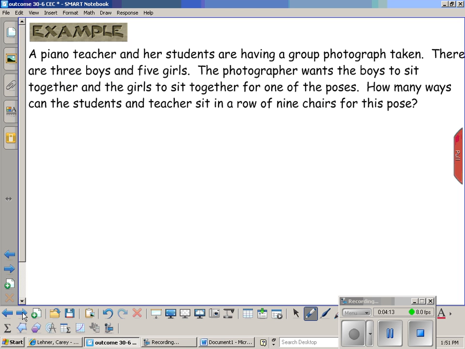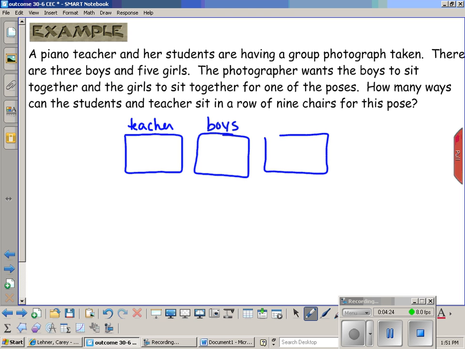So we've got 3 distinct blocks. We've got the teacher, we've got boys, and we've got girls. And in those blocks, they can be arranged in a variety of ways. But then those blocks themselves can also be arranged in a variety of ways.